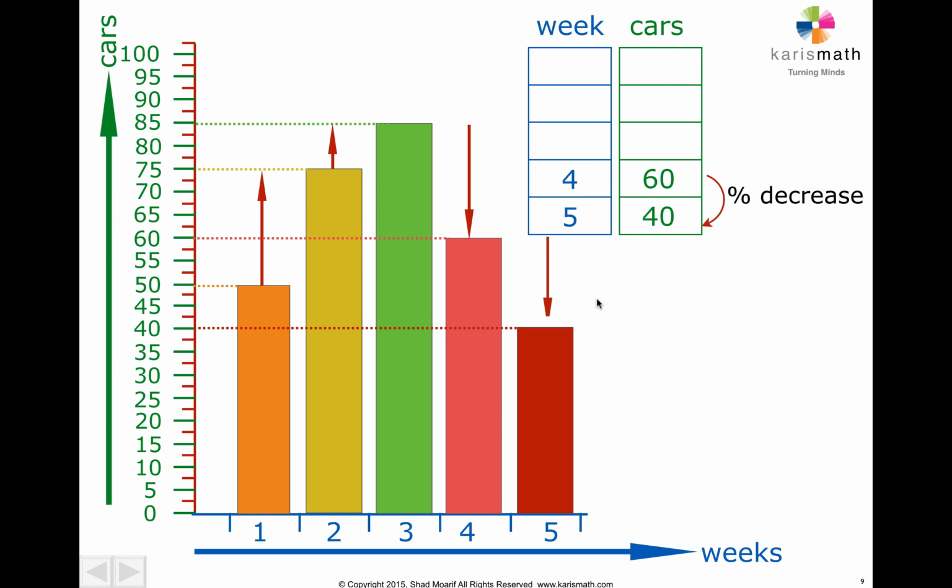So find the actual decrease, which is 20. 20 over the original amount, which was 60, and then change that to a percentage, and you'll get 33 1/3%.